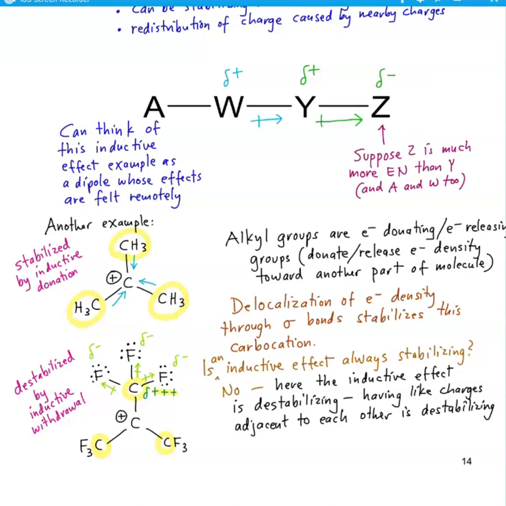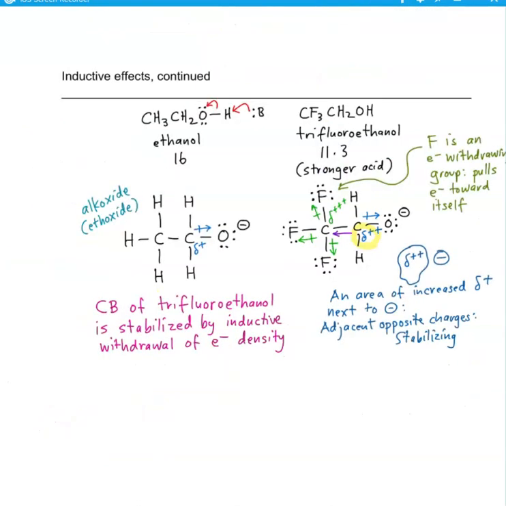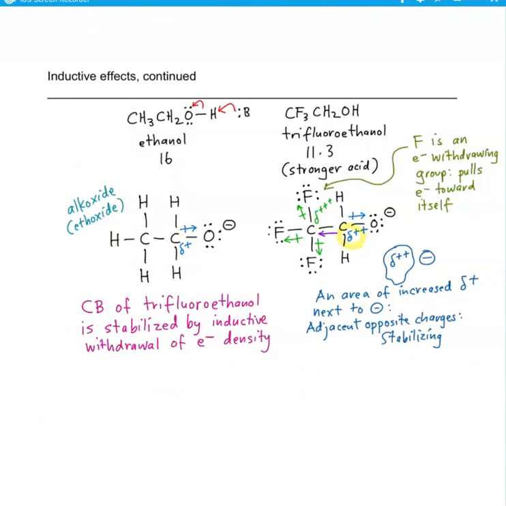So you have inductive donation possible and you have inductive withdrawal possible, and either one of them can be stabilizing or destabilizing. So when you're assessing inductive effects within a structure, what you want to do is see how those inductive effects affect, for better or worse, any full charges you have in the molecule. So for example, with the carbocations, we looked to see how the inductive effects affected the positive charge. In the acid-base example that we did on the next page, we looked at how the inductive effects affected the negative charge. Okay, did it help stabilize it, or did it contribute to destabilizing it?